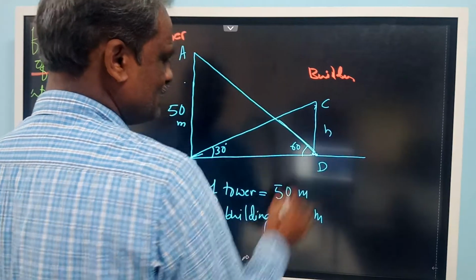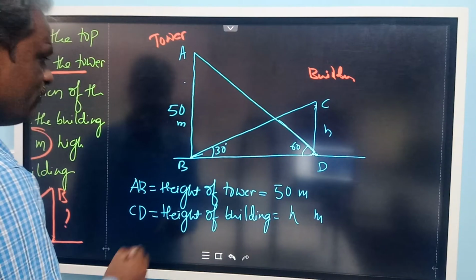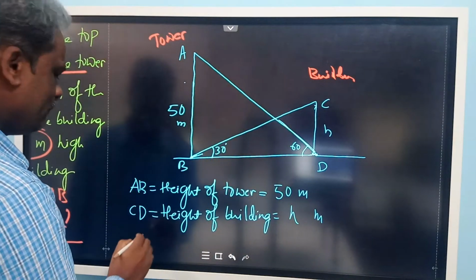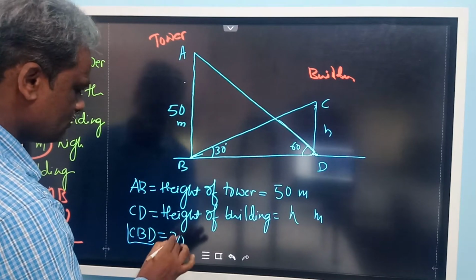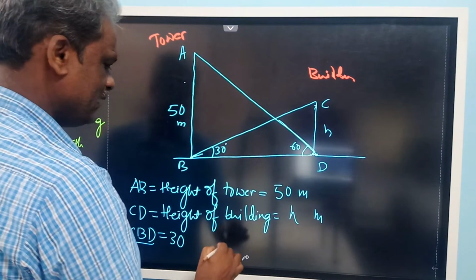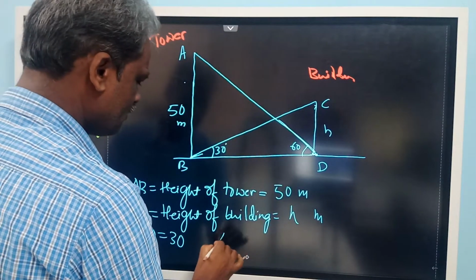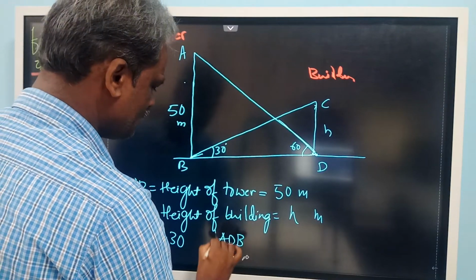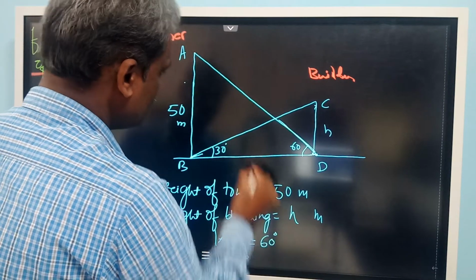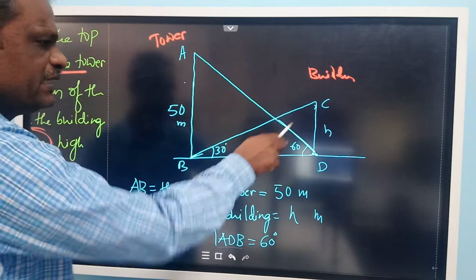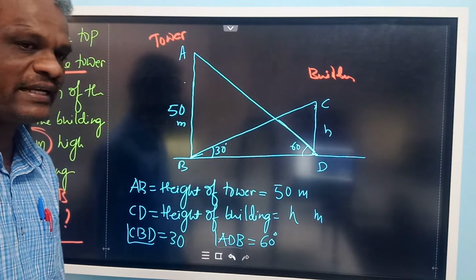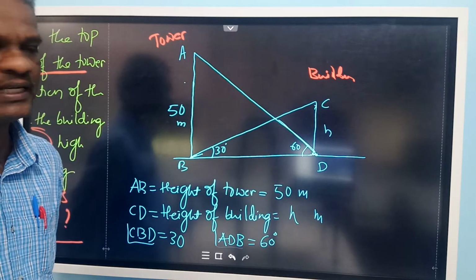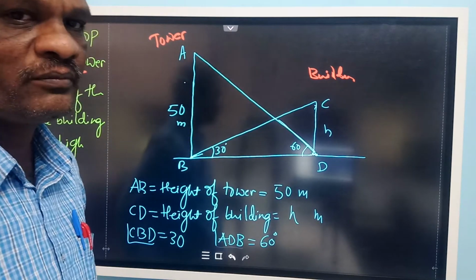Then we have the angles of elevation: angle CBD is equal to 30 degrees, and angle ADB is equal to 60 degrees. To find the height, as I said, in the same situation you will get two right angle triangles. Approach the common side in both the triangles. Which is the common side in both the triangles?